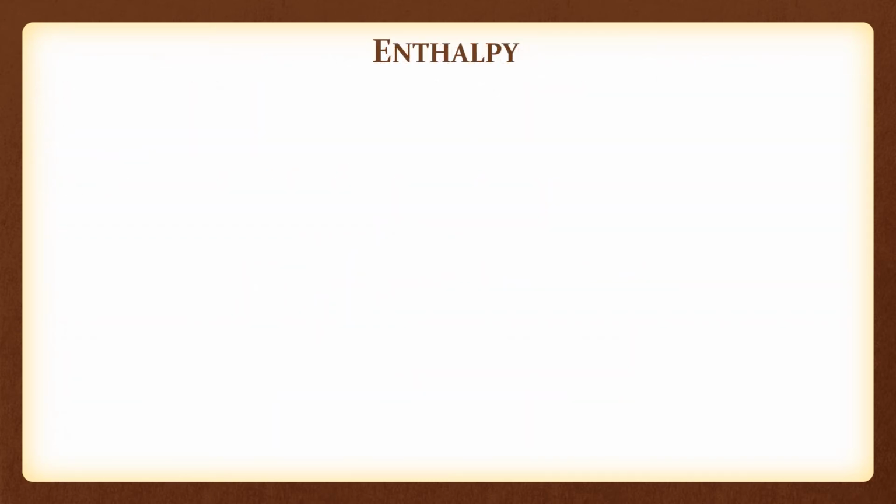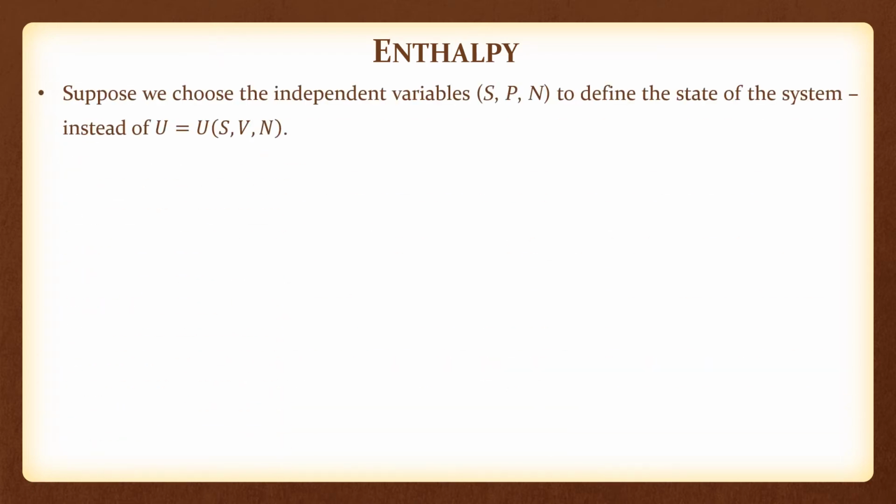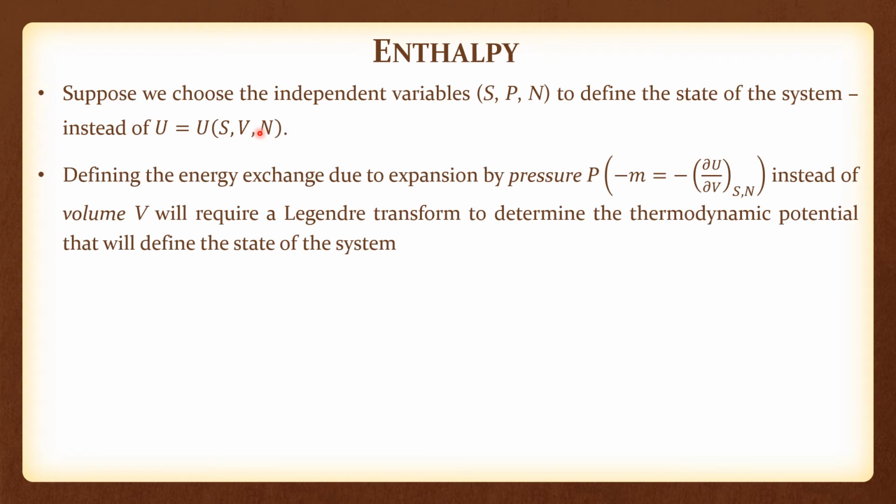Now we start defining one thermodynamic potential after another. It all becomes very easy once you understand what is happening here mathematically. Suppose we choose the independent variables S, P and N to define the state of the system instead of U equal to U of S, V and N. So we are defining the energy exchange due to expansion by pressure instead of volume.